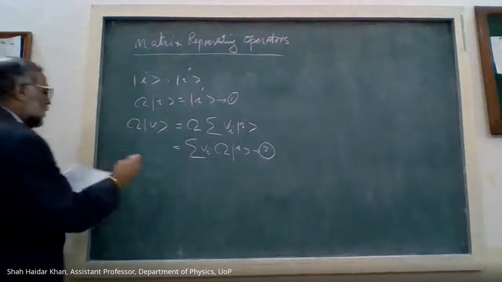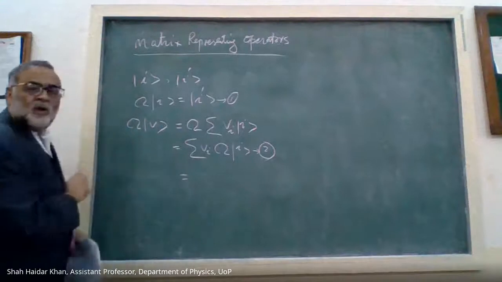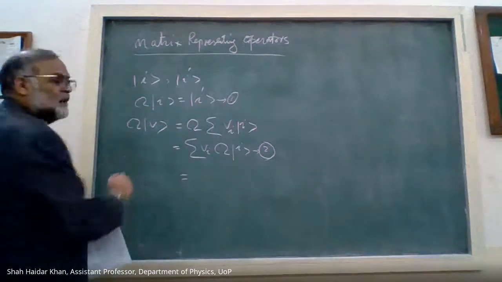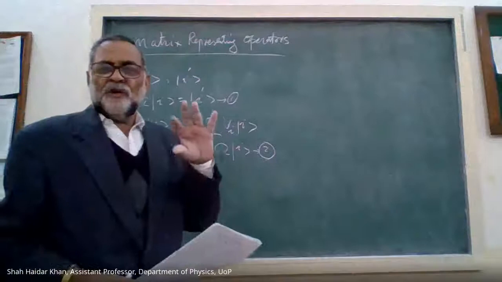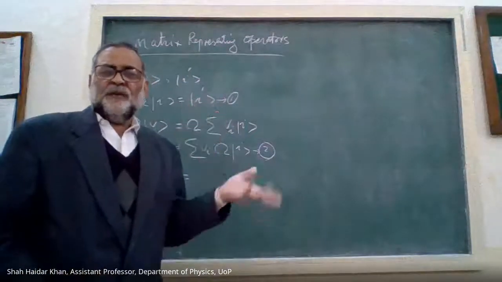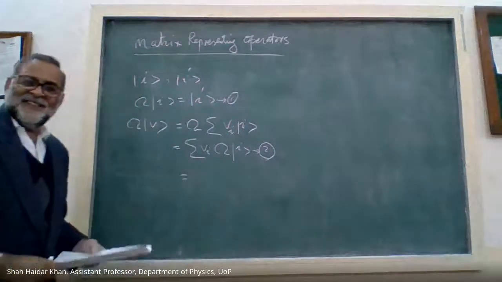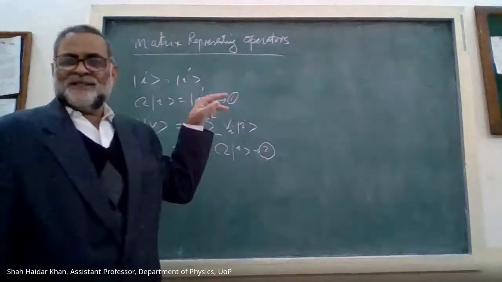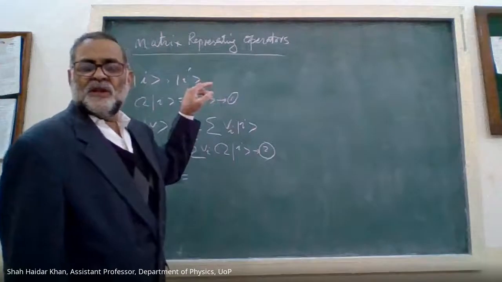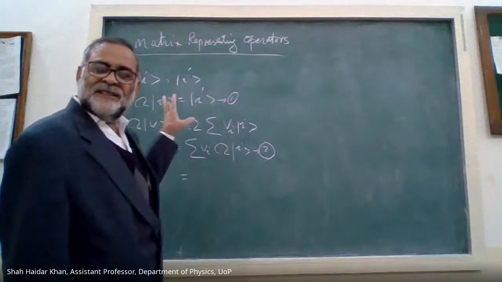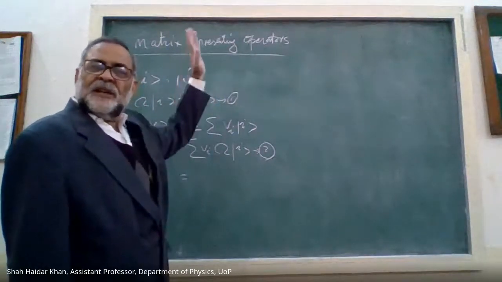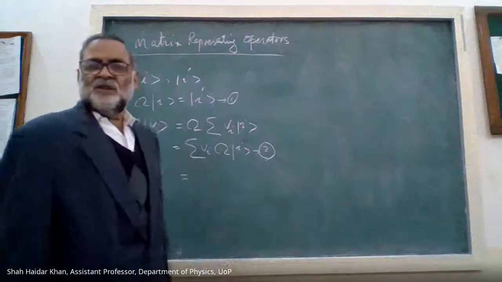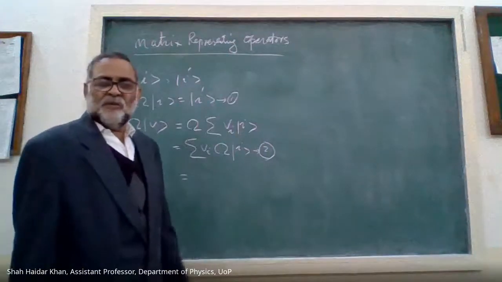So we say how this operator acts on. Remember, we are going to find a matrix form for an operator. So we do this exercise to find the components of a matrix given in a basis of n dimension.